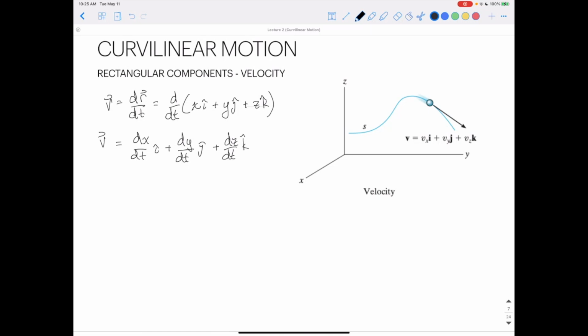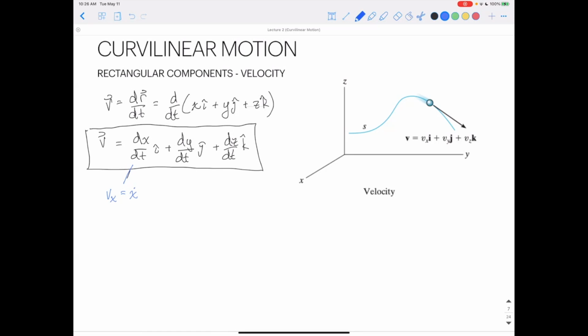So this would be our definition of velocity with Cartesian coordinates. Now what we call each of these values: dx/dt is our x component of velocity, which we can also just call x dot. If we ever see a variable with a dot above it, that's referring to the time derivative.